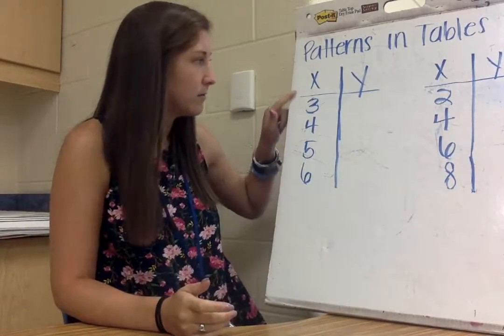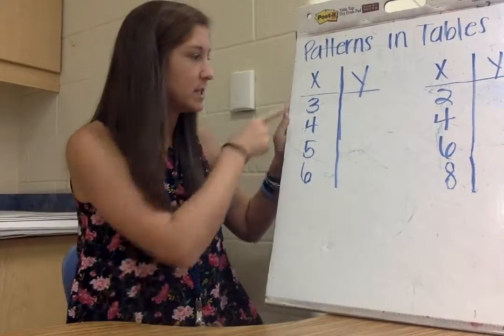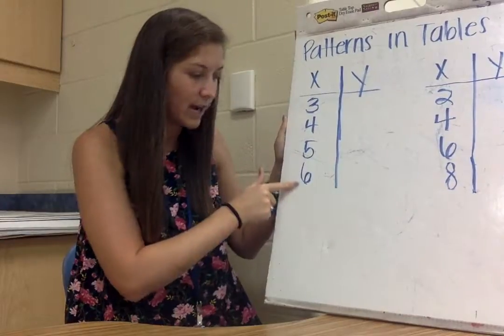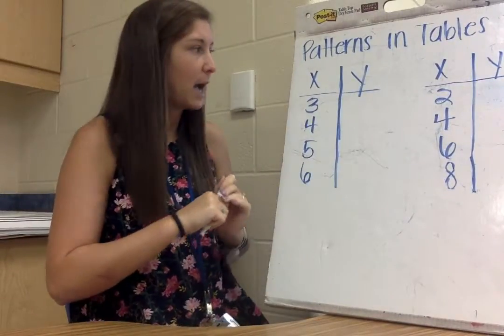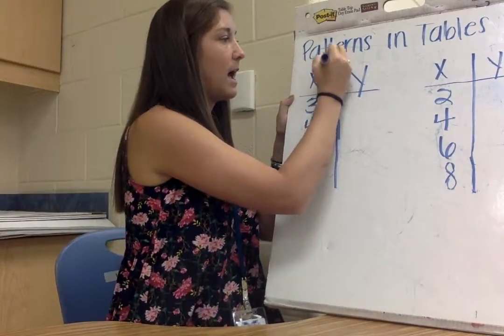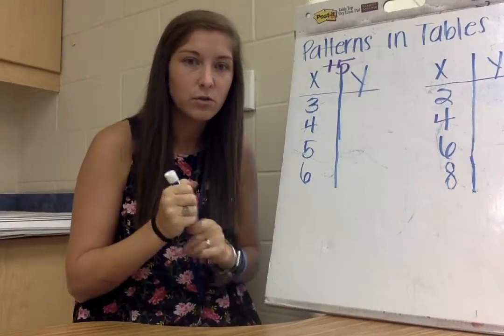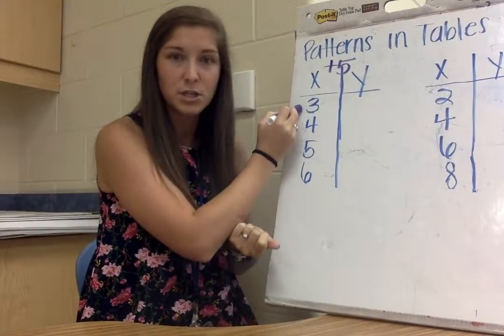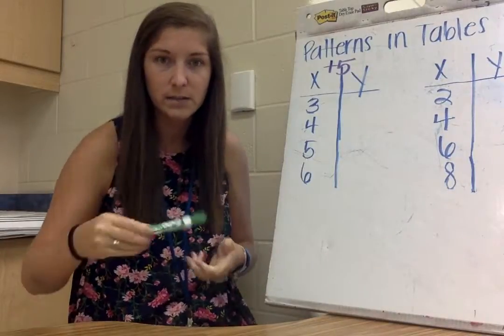In this pattern right here, below the X, we have 4 different numbers listed: 3, 4, 5, and 6. And we're going to say for this table that the pattern is to add 5. So I need to do X, which is the first number is 3, plus 5 in order to find what the Y coordinate is.